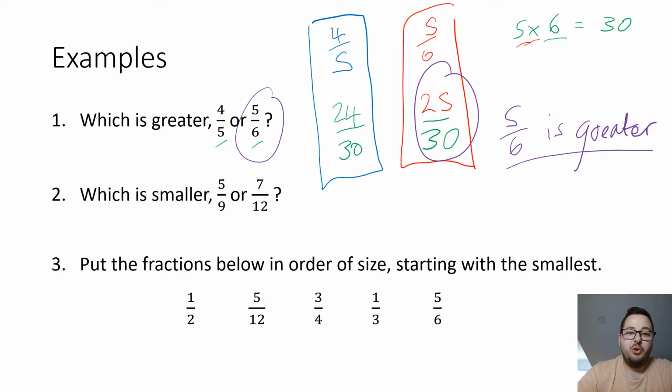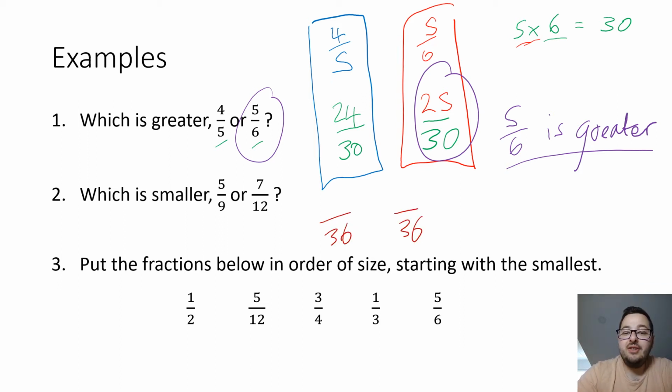Number 2, which is smaller, 5/9 or 7/12? Well, we can think of a common multiple. You could do 9 times 12, which is 108, but there is also a lower common multiple, which is 36, because 9 times 4 is 36, and 12 times 3 is 36. So let's put them both over 36.